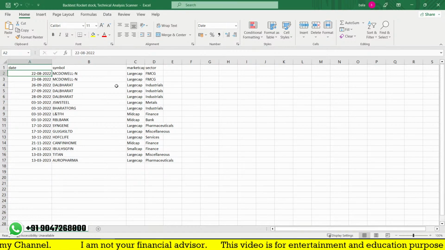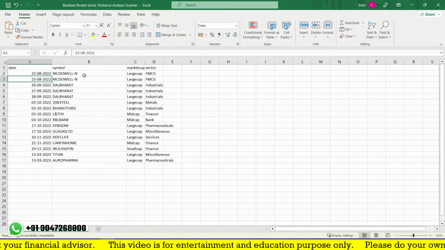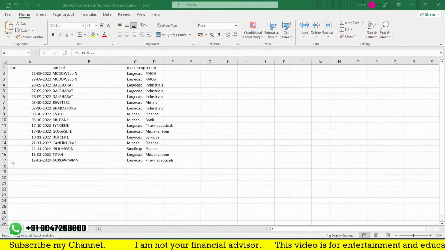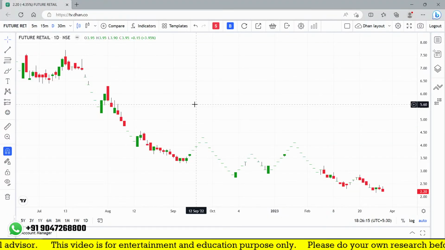McDowell on 22nd 8 and 23rd 8, so 2 consecutive days. From 22nd 8 I got the stock the first time, and on 23rd 8 I'm going to focus on the stock. Only a few stocks I'm going to focus on for my positional opportunity on the daily time frame.